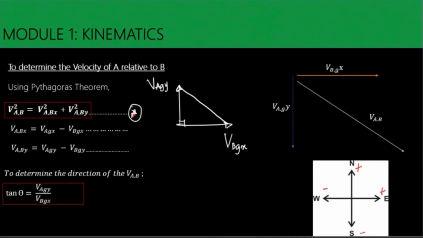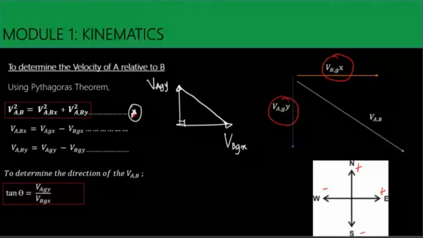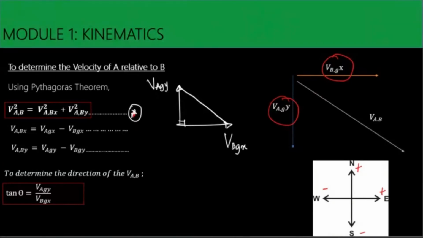So if you want to determine the velocity of A relative to B, these are actual velocities. This is the actual velocity of B. This is the actual velocity of A. I want you to get the concept right. Now, with the actual velocity, probably B represents a moving object, and A also represents another moving object that is moving in another direction.